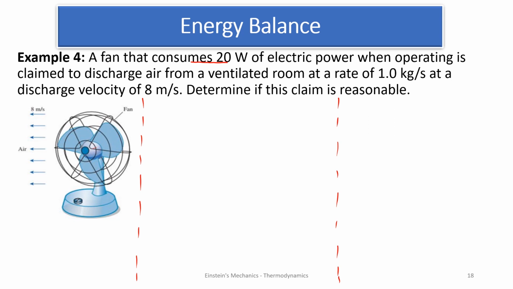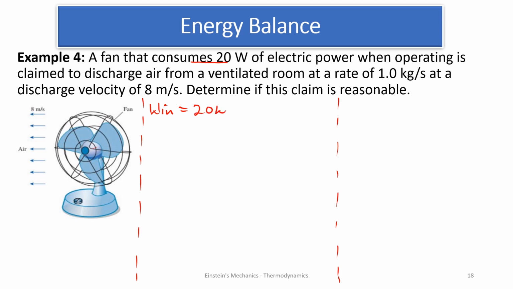So with the idea of thermodynamics, we are going to see if it is true. Are we good? So first we will make our analysis. Since the fan consumes 20 watts of electric power, meaning work is done inside the fan. We are working into it. Are we good? We are putting work which is 20 watts into it.